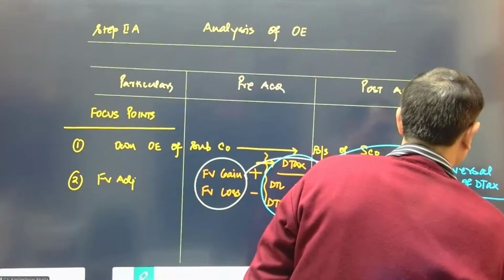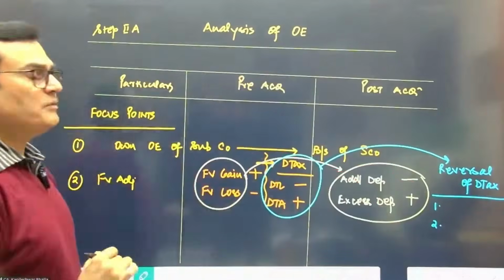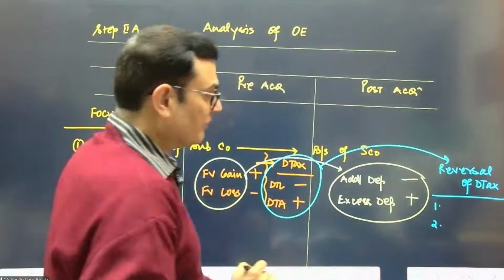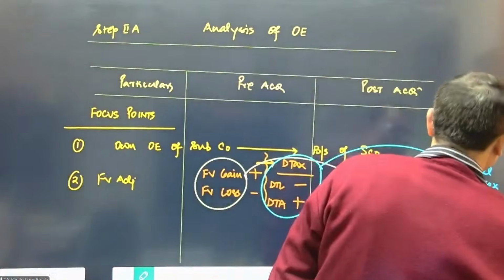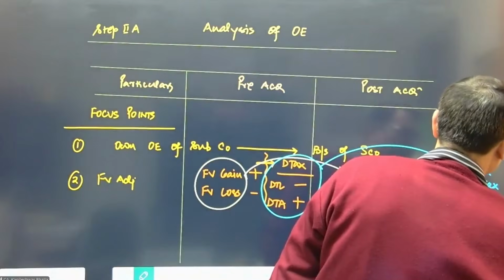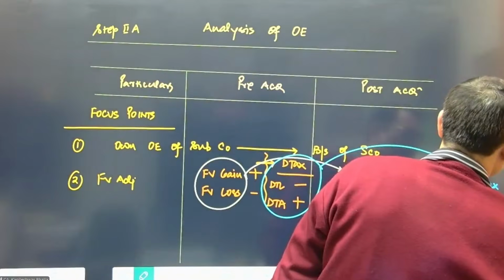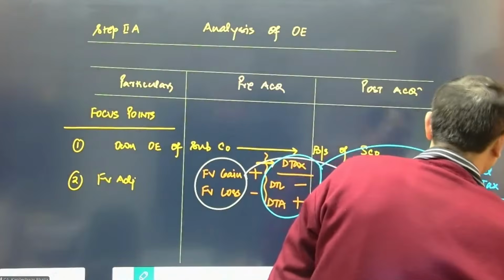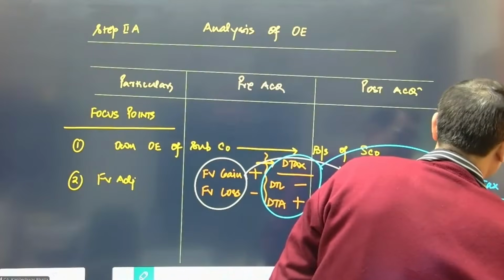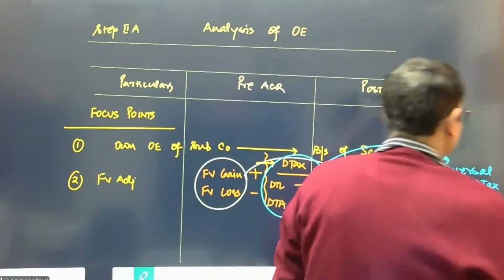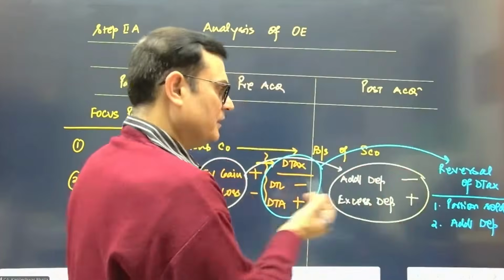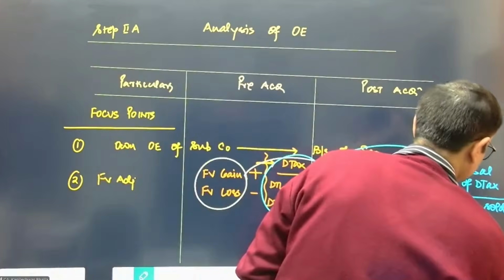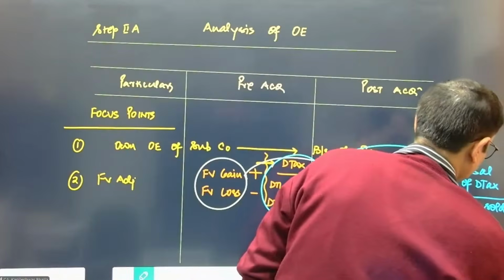And the reversal will happen on account of two major reasons. Reversal of deferred tax will happen if there is a portion sold, and we will also take care of the reversal due to additional depreciations or excess depreciations, as the case may be.